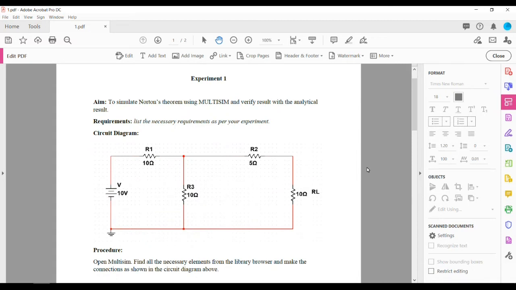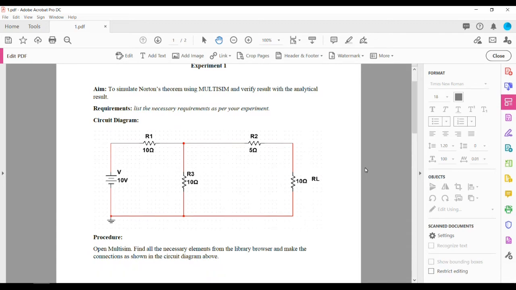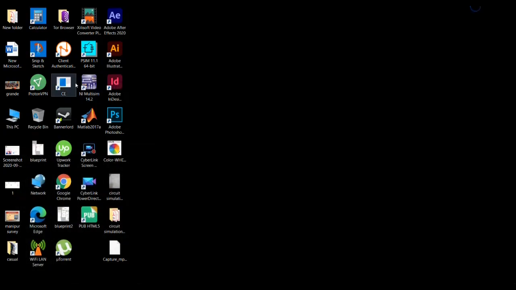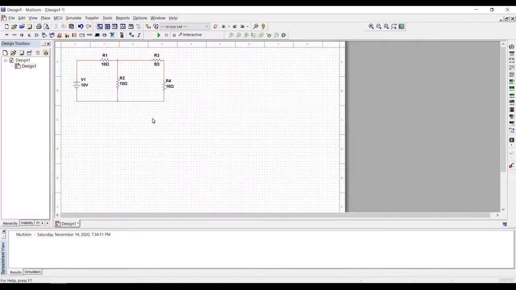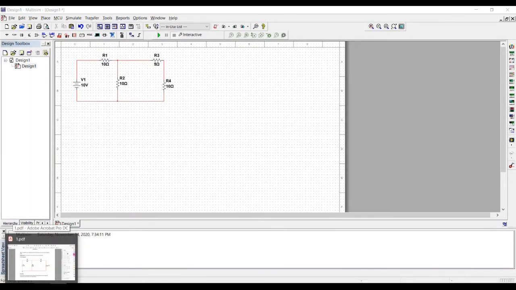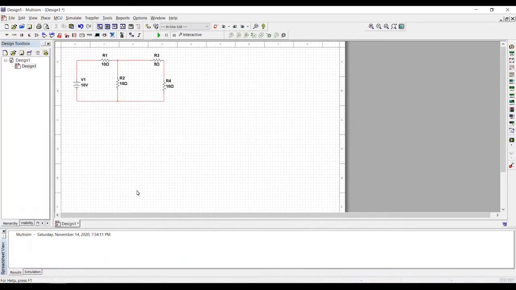For simplicity, we will start with this DC circuit diagram with pure resistive elements, as you can see here, and we are going to simulate it using a software called Multisim, which I've already opened. We are going to verify the result that we find using this software with the analytical method.